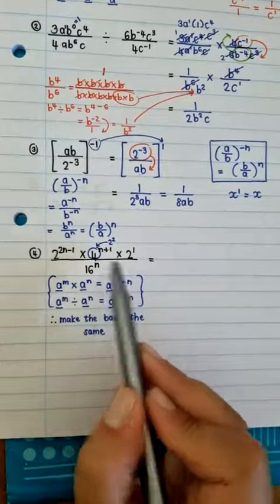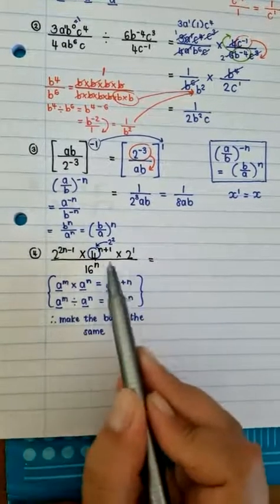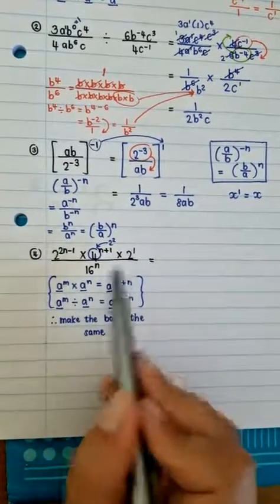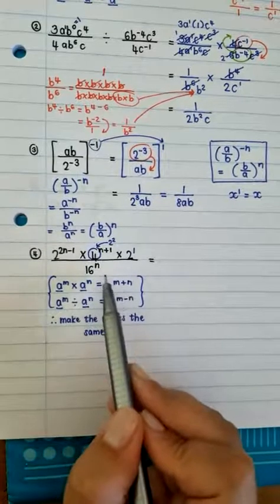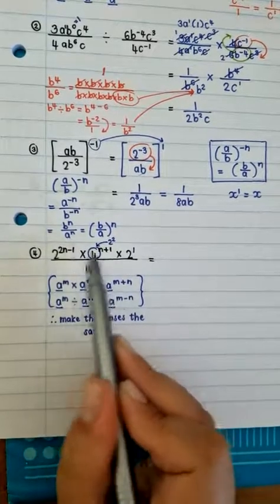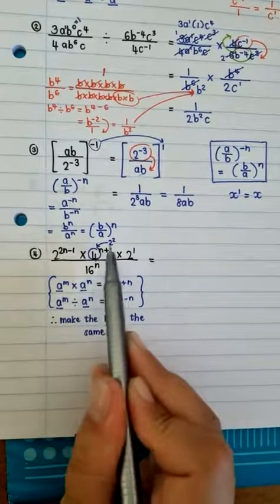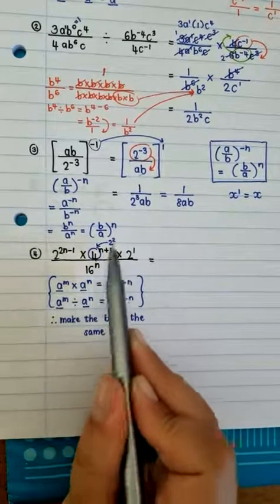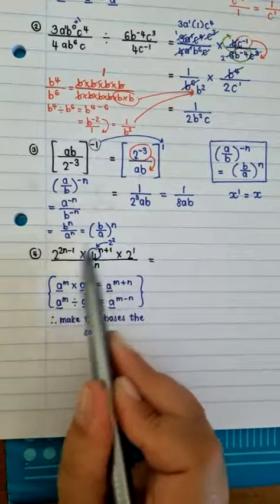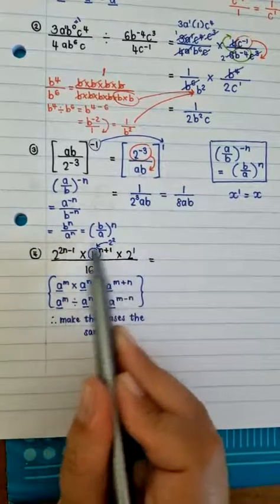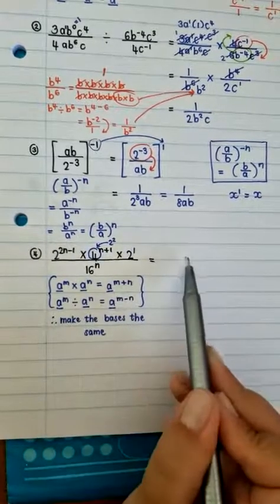Now I'm just looking ahead because I know that I'm going to have to simplify this and then divide whatever I get at the top by 16 to the n. So in other words, whatever I get at the top is going to have a base of 2, right? Because all of the parts of this product now have bases of 2. So that means that my answer will also have a base of 2.